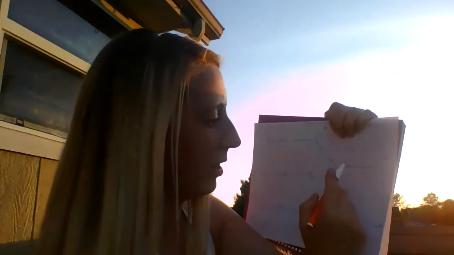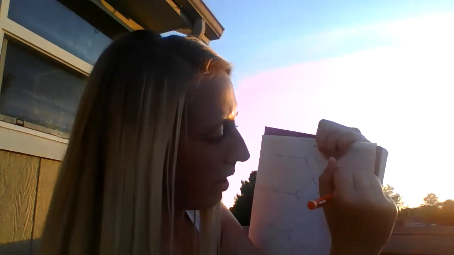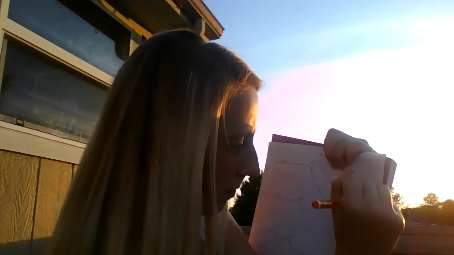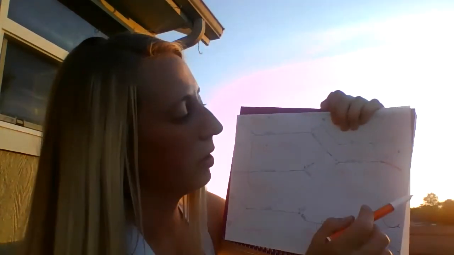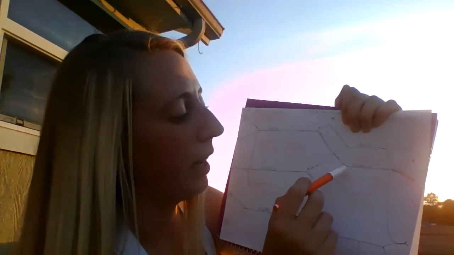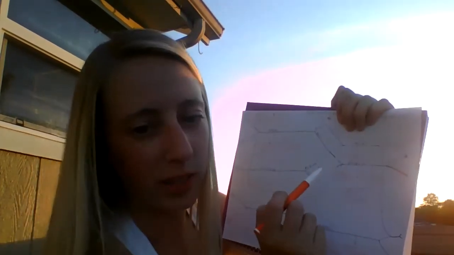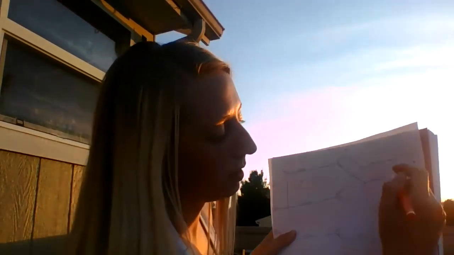Coming off the posterior, we have two branches. We have the radial, which is a thicker branch, and then we have the axillary. And both of those would innervate more posterior and laterally on the brachium. And then coming from the lateral and the medial, we have the median nerve.